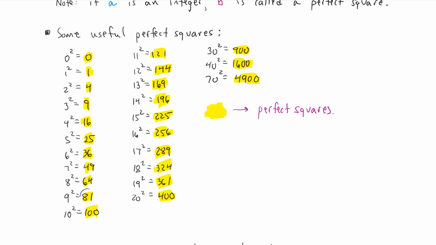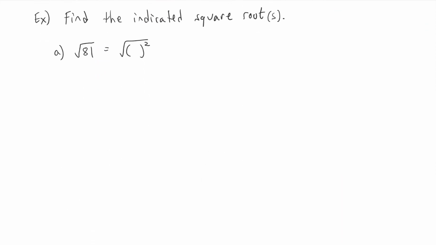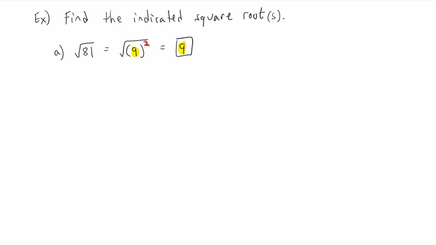We're supposed to recognize that as 9 squared. So the principal square root of 81 is just simply 9. Whatever number is being squared, that would be our principal square root.